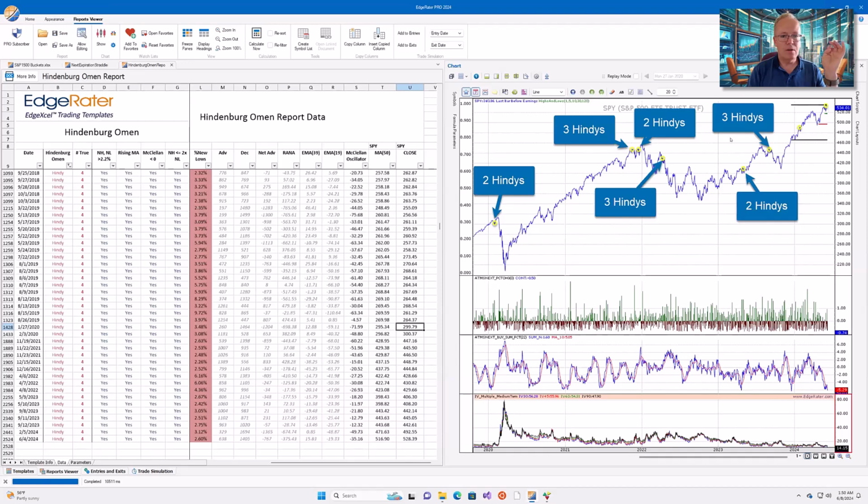but they have been firing recently. This chart here, you might recognize as the SPY going back from 2020, just before this drop. On the left-hand side where it says 2 Hindis, there was a drop there, and you had just 2 Hindenburgs fire at that point, several weeks before that drop, but those conditions were all met.